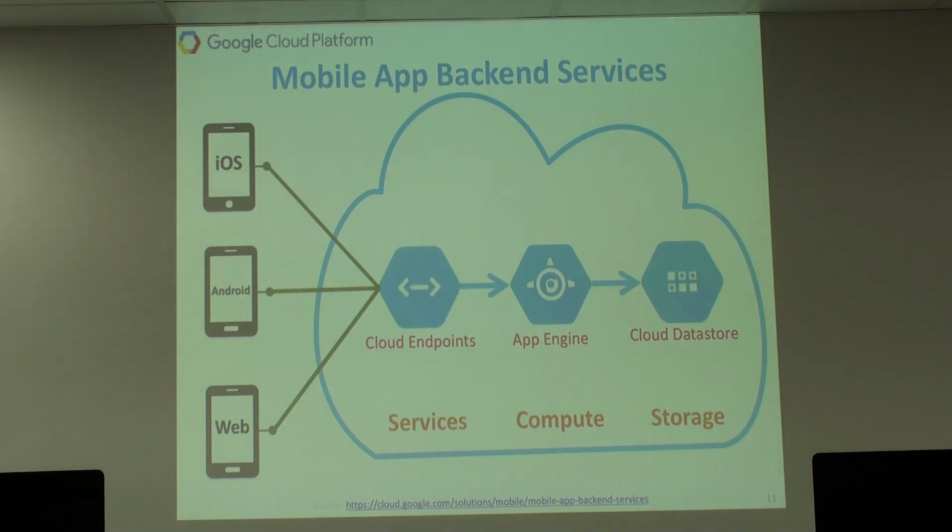Could you tell me what that engine is? What is Google Cloud Datastore? This is Google Cloud Datastore. This is Google App Engine. Could you explain? You can write your Python code, or you can write your Java code on Google App Engine, running on Google Engine for compute, right?